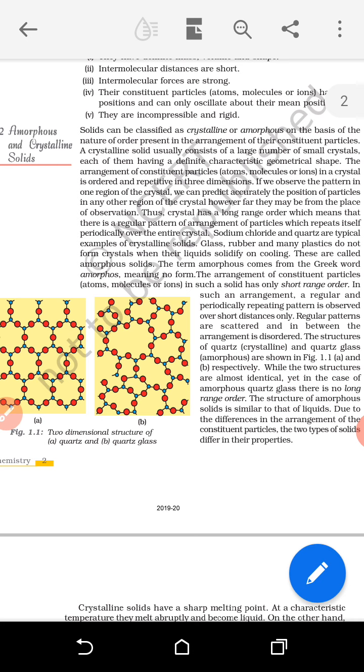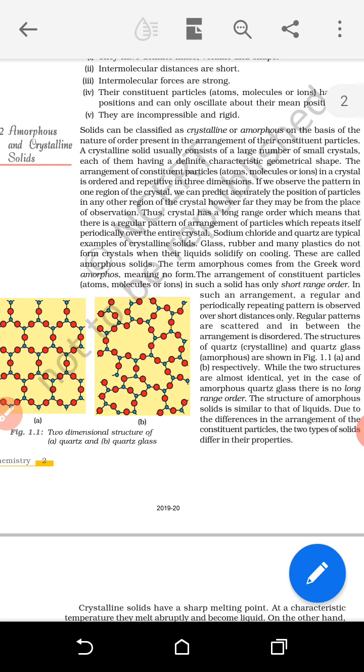Any solid is said to be crystalline if the arrangement of constituent particles is uniform throughout the solid, whereas it is said to be amorphous if the arrangement of the constituent particles is not uniform.